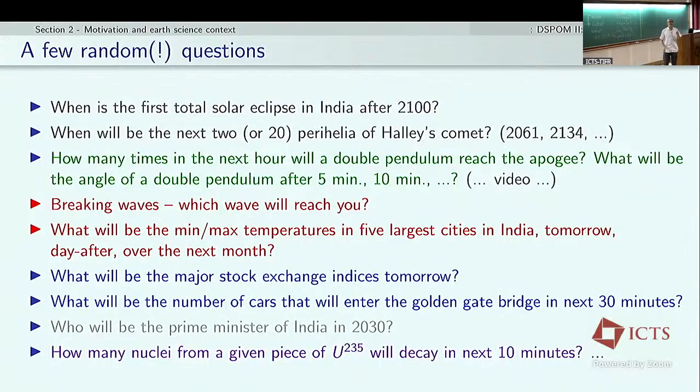I will contradict myself in just about 2 more slides, so wait for it. But anyway, for eclipses and so on and so forth, Halley's comet, these are all deterministic models, Newton's laws, you know the masses, this and that and so on, does perfectly well. Double pendulum, a single pendulum, just a pendulum clock, Newton's laws work perfectly well. Deterministic Newton's laws work well. Double pendulum is a problem.